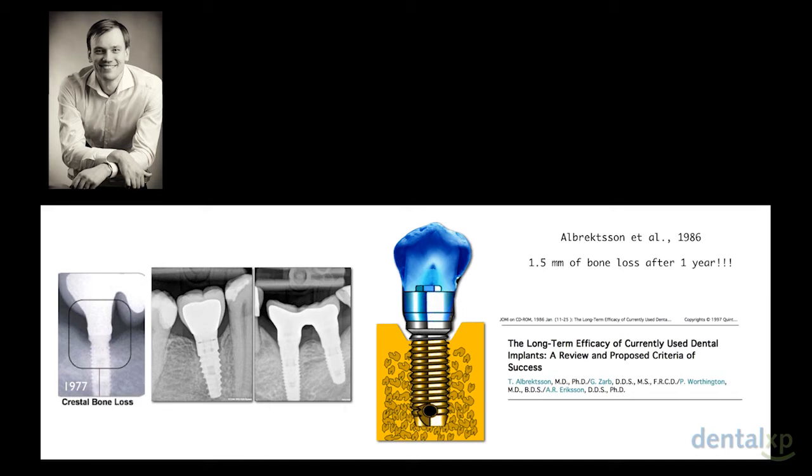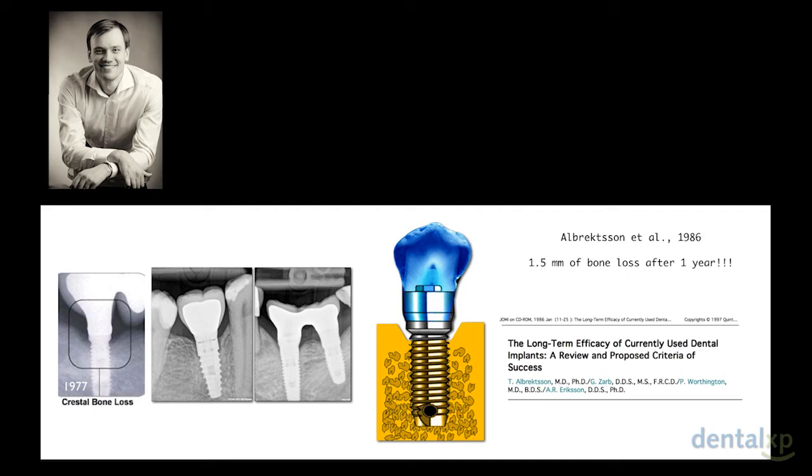And this problem was so common that it has now been considered a normal thing to lose about 2 millimeters or 1.5 millimeters of bone after the first year of function. And this is considered a success. But we think that it's not success.